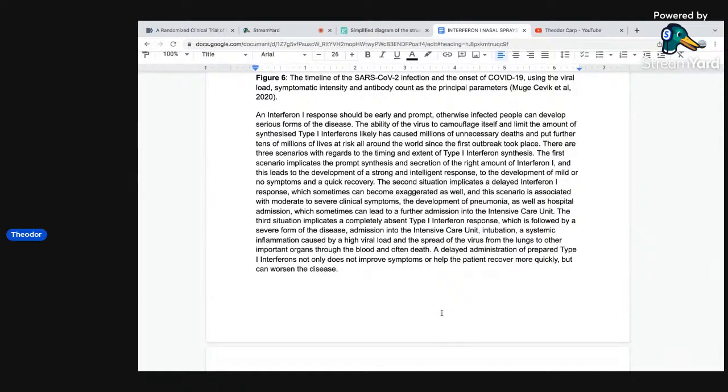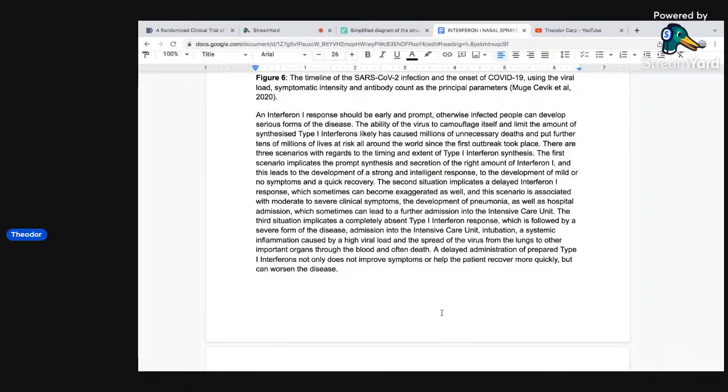A low dose would be, in my opinion, more effective and safer than a high dose. A low dose involves a nasal spray, and a higher dose involves an intramuscular injection.